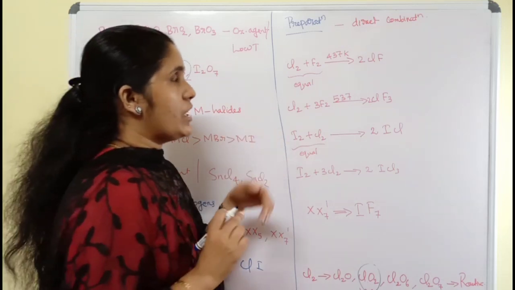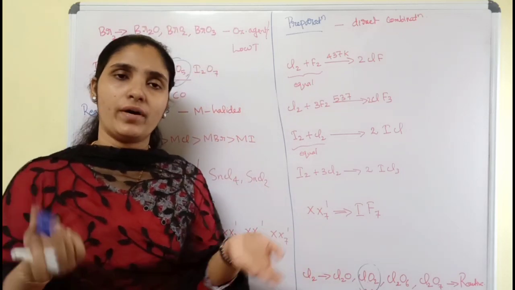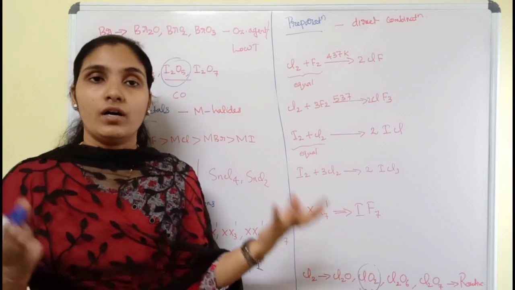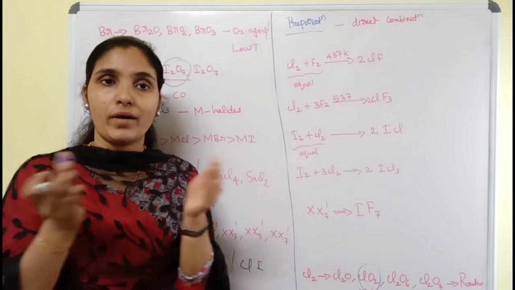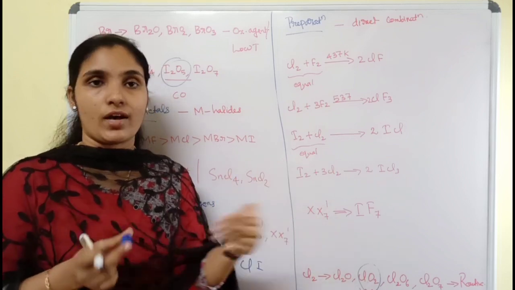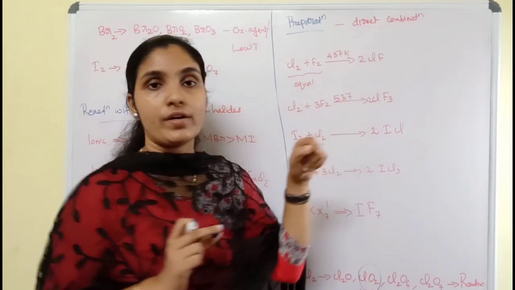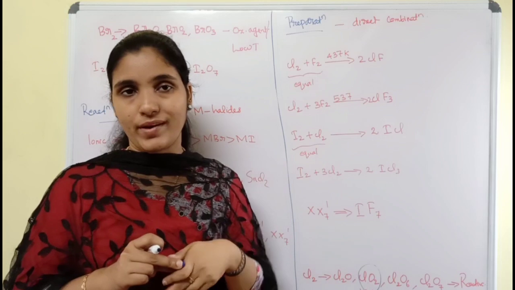And here, how are these interhalogens prepared? Interhalogens are prepared simply by the direct combination of halogens. If we need to prepare a compound of chlorine and fluorine, chlorine and fluorine can be combined directly and the reaction will take place. But the nature of the product will depend upon the concentration of the reactants and temperature.